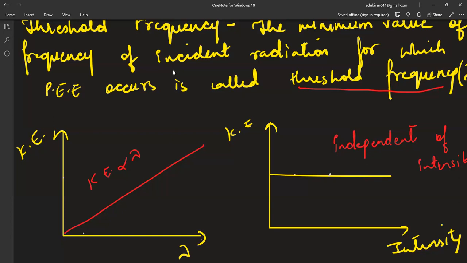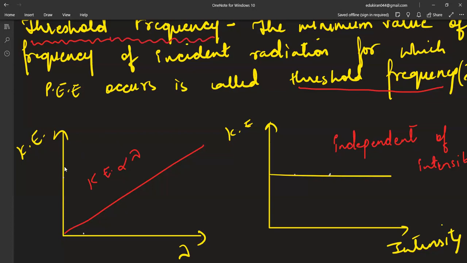As soon as you provide 5 hertz, or 6 or 7 hertz or more, that minimum critical value, that threshold, has been crossed, then only it will be ejected. So this frequency is known as the threshold. PEE means photoelectric emission. This is photoelectric emission. So this is threshold frequency.